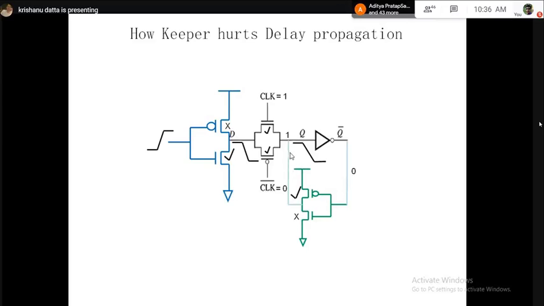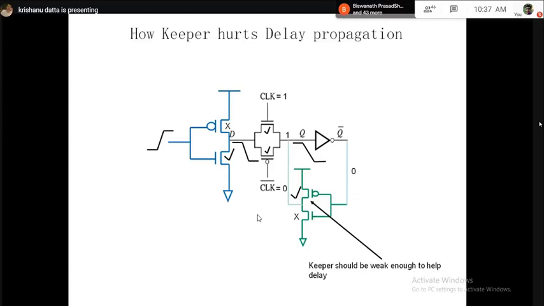As a result, Q will try to fall, but this PMOS will not allow it to fall. It is fighting, which is why it is contention. The more it fights, the more difficult time Q will have to fall. This means there will be a timing push out. So this is the problem when you have the keeper. It will cause a delay problem, which will ultimately impact your performance.